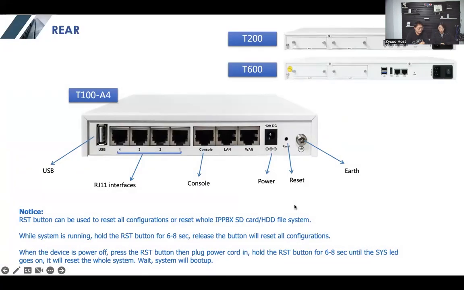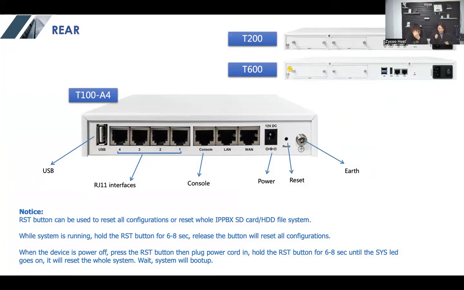All right, and then let's show the back of the PBX. I'm using a T100A4 here as an example. Looking from left to right, on each model of our PBX, we support USB external drive storage, and the maximum capacity on the USB would be 1 terabyte.